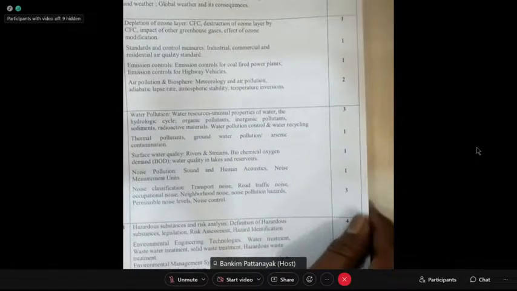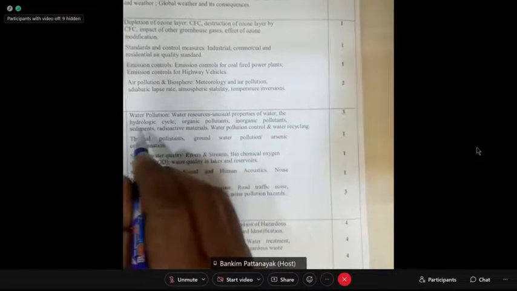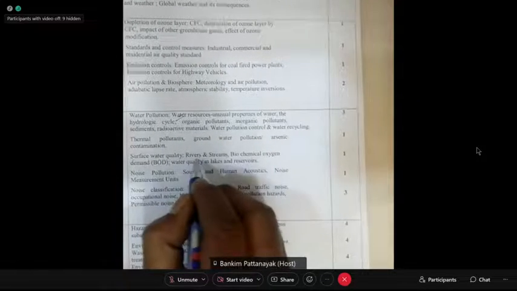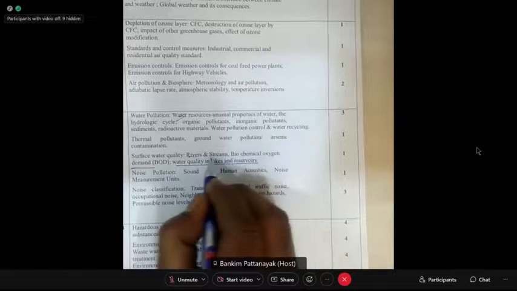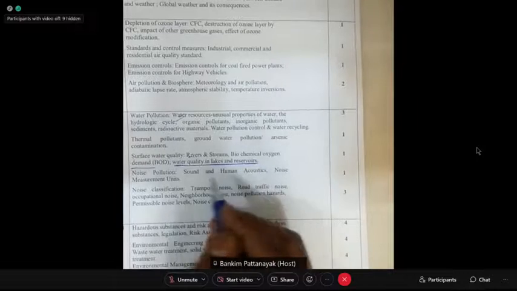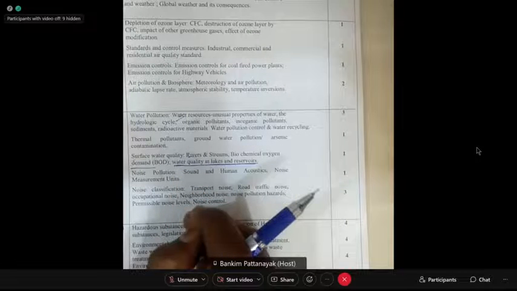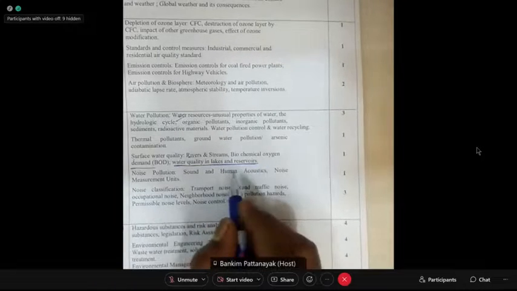I'm displaying the syllabus. Water pollution, water sources, unusual property of water, the hydrological cycle, that we have completed. Now, surface water quality, rivers and streams, biochemical oxygen demand, water quality in lakes and reservoirs. This we shall do in the next class. Then we will discuss noise pollution. Today we will not discuss any more new chapters. We will discuss noise pollution and the water quality in lakes and reservoirs.